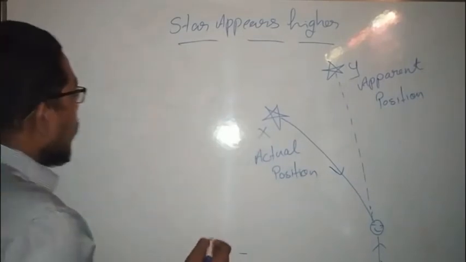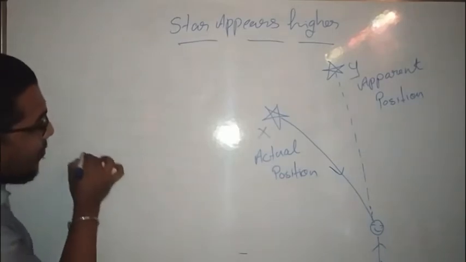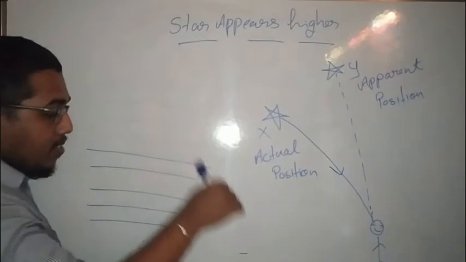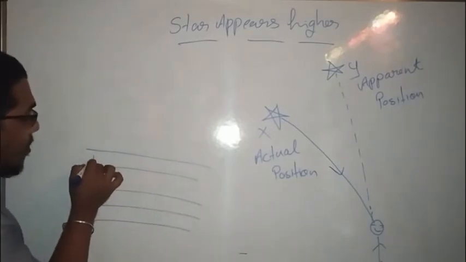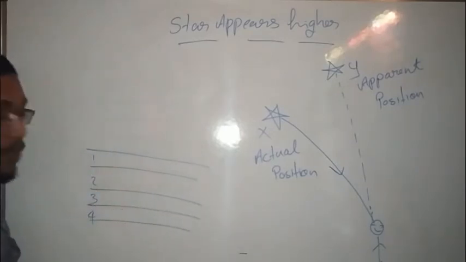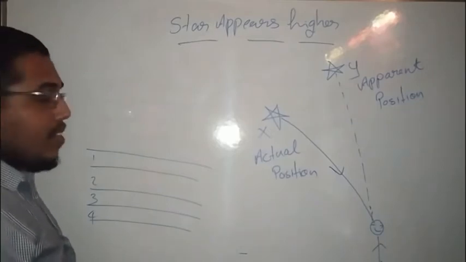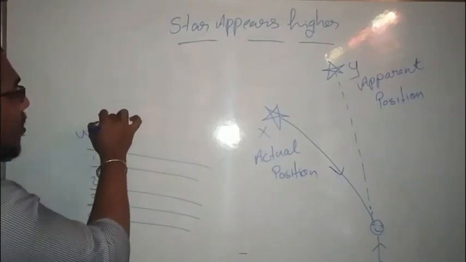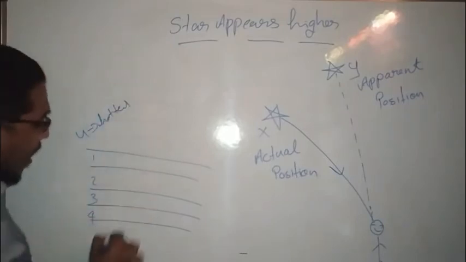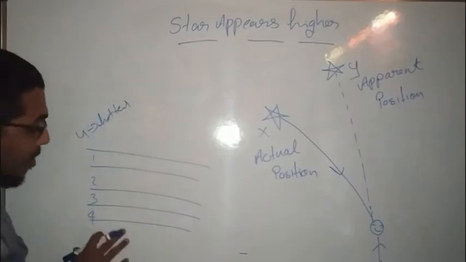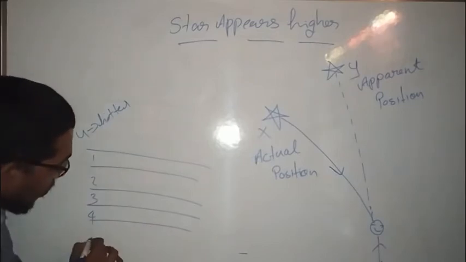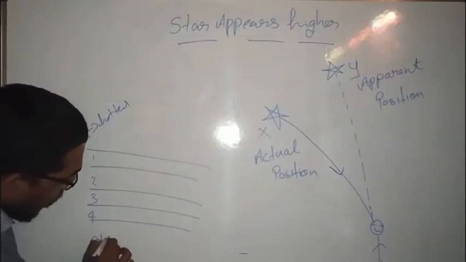We know that the atmosphere has different layers, as we discussed in the previous class, and each layer has its own optical density. The upper atmosphere is hotter, and the atmospheric layer just near the surface of Earth is colder in nature.